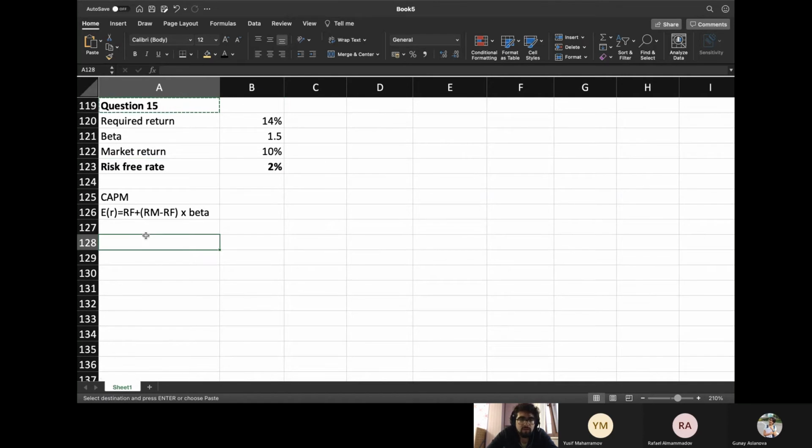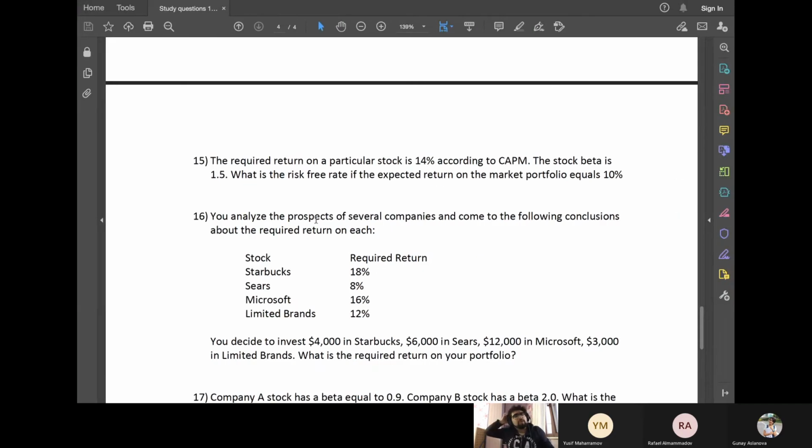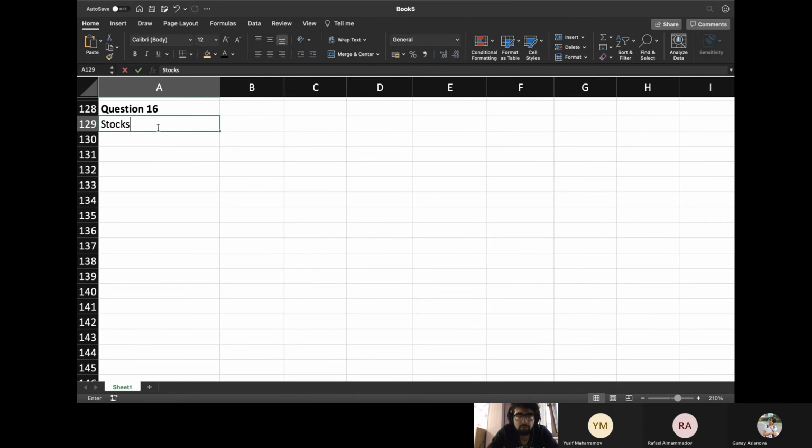Question 16. You analyze the prospects of several companies and come to the following conclusions about the required return on each. We have stocks of Starbucks, Sears, Microsoft, and Limited Brands.